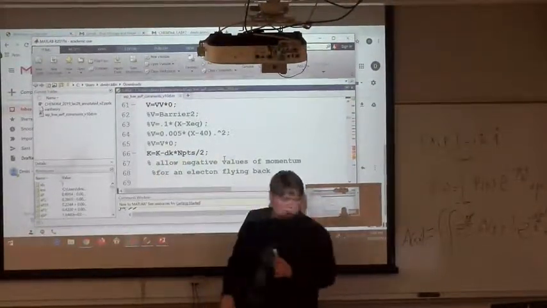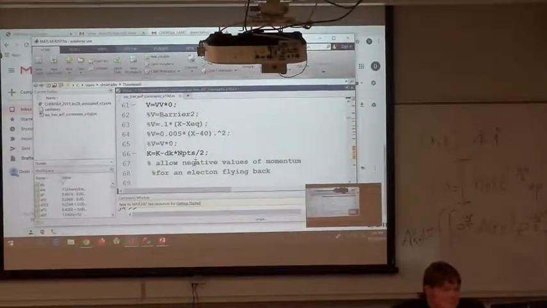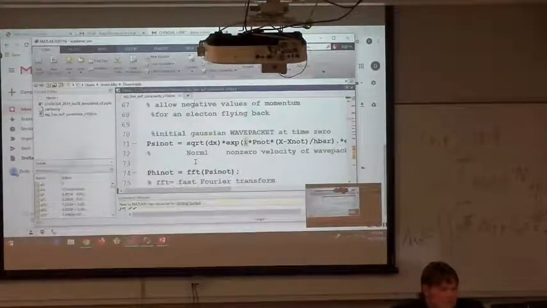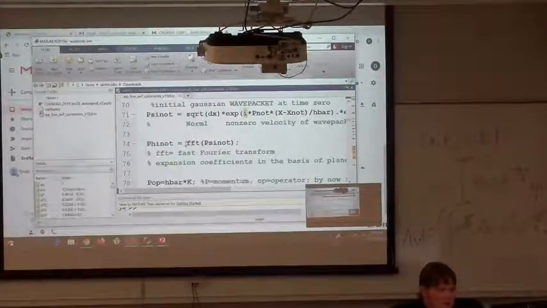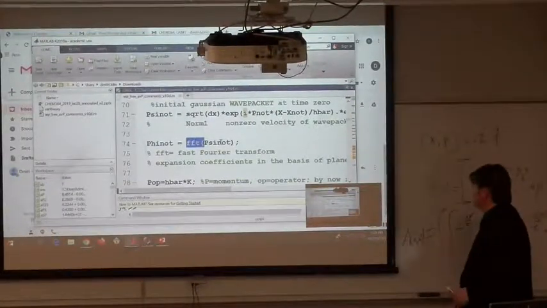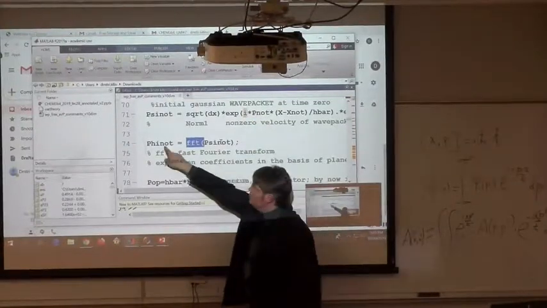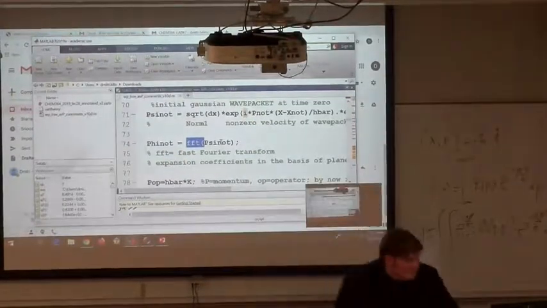So to cover both positive and negative. And f of t is the first Fourier transform. So basically here we are going backwards from position representation to momentum representation.